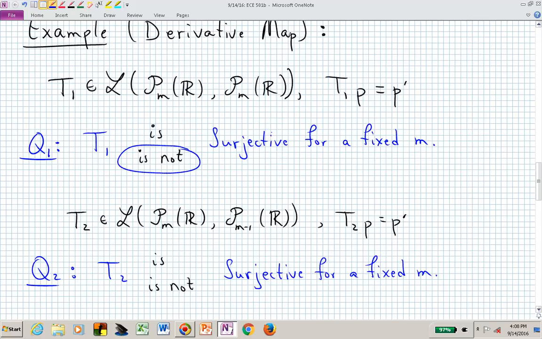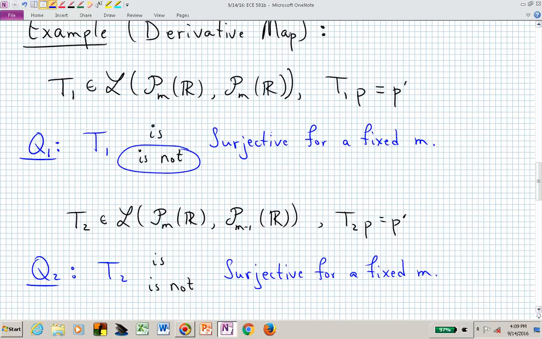Now we're sort of split, and it may be a little bit unclear since the last one was not surjective, but now if you differentiate but you allow your output vector space to be of order 1 less than your input vector space, you're going to be okay.